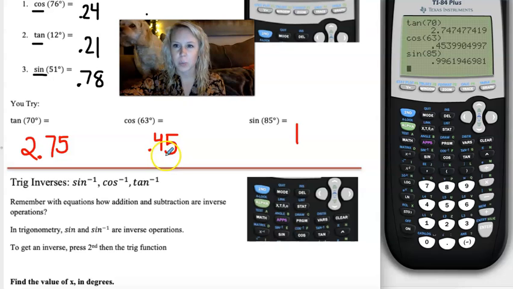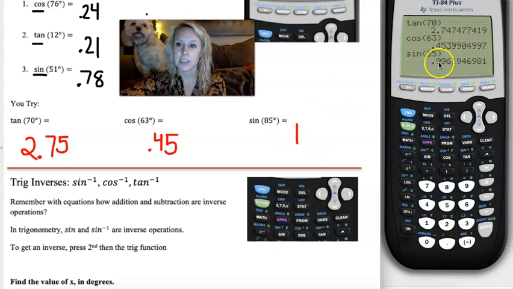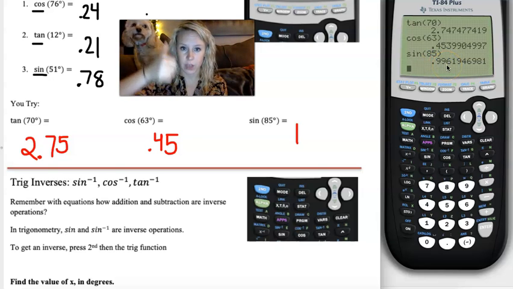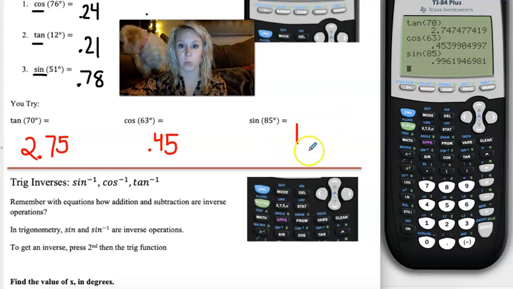The second one is 0.45, because the 3 is lower than 5, so just 0.45. And then this one is 0.996, so 99 will round up to 100, so 1 is the answer to that one, okay?